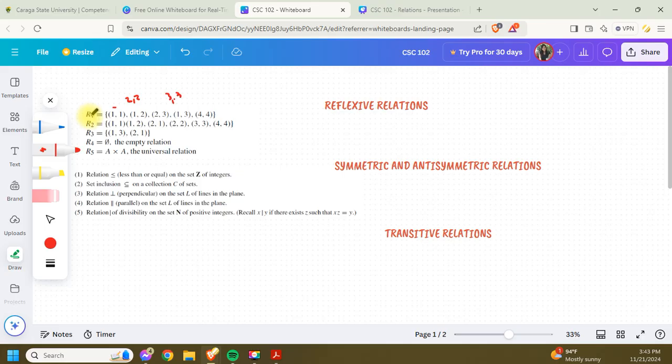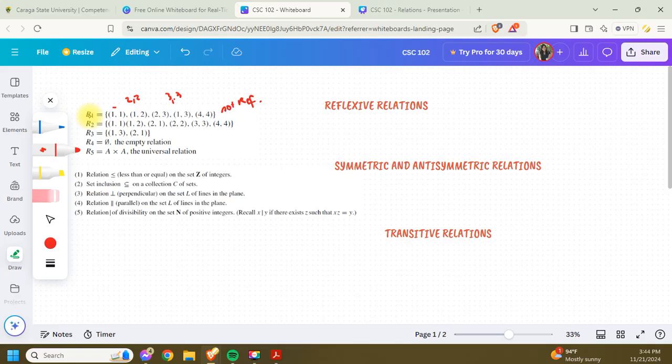That is for reflexive. Technically, since this one has 2 and 3 as part of its relations, and there is no 2, 2 or 3, 3, this is not reflexive.